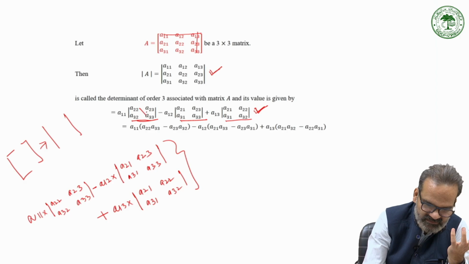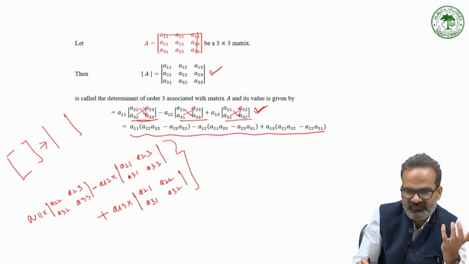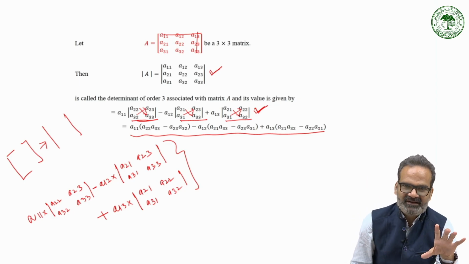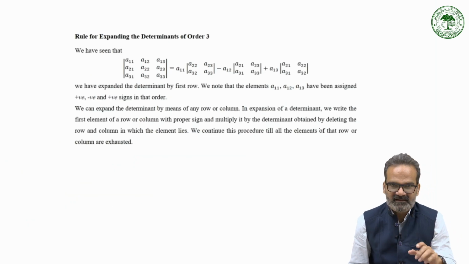Multiply these two elements first, minus these two. Here multiply these two elements minus these two, and then multiply these two elements minus these two. Substitute all these values and finally you will get the final value of the determinant of order 3 we have considered. Clear?